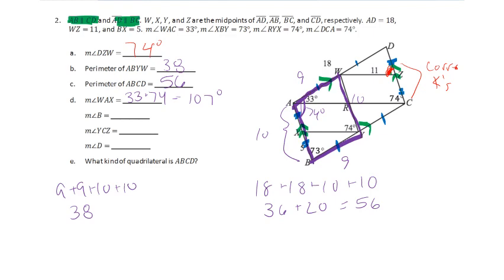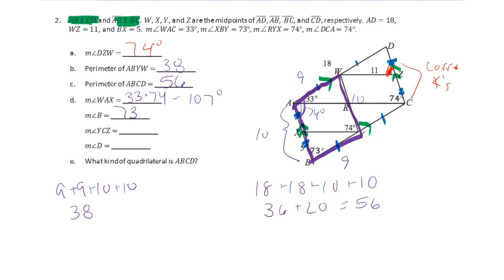Alright, let's continue on. If I want to find the measure of angle B, well, I bet you guys can find the measure of angle B without doing any work. If you guessed 73, you're right. They gave us that one. Next, let's find YCZ. So YCZ, again, we already found that one.